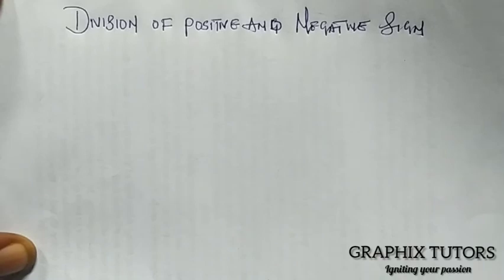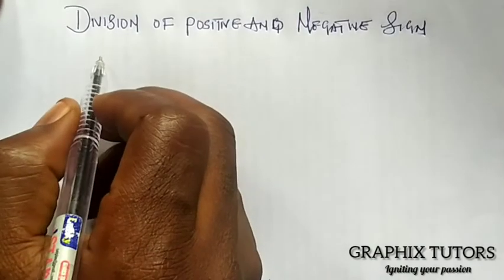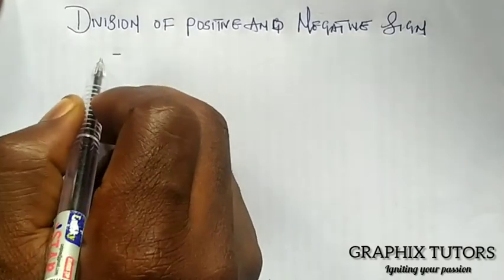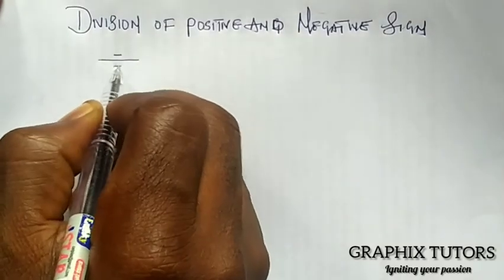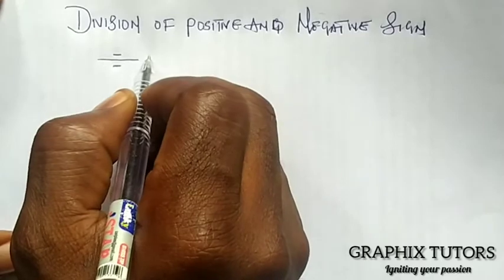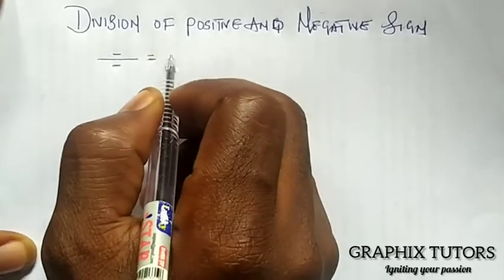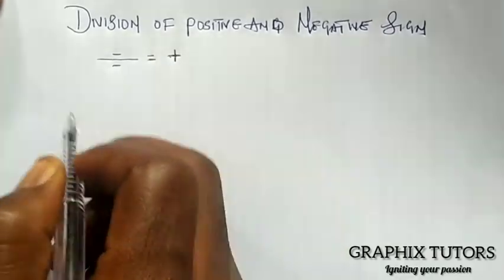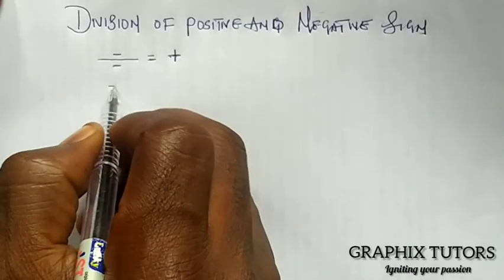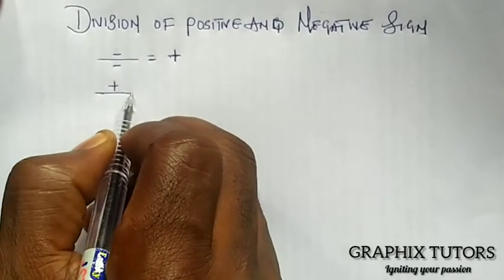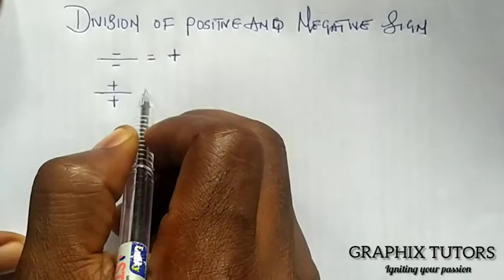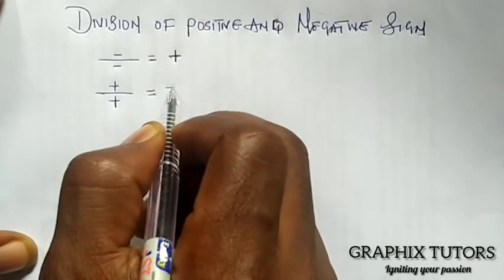Now, in terms of division of positive and negative signs, if you have negative divided by negative, it will surely give you a positive. And if you have a positive divided by a positive, it will always give you a positive.